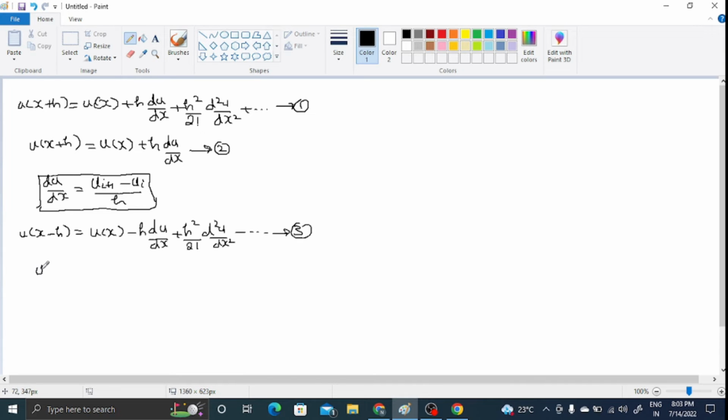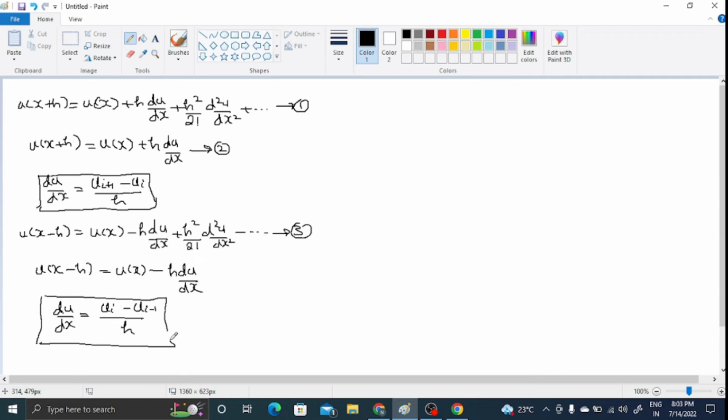So we have u of x minus h is equal to u of x minus h into du by dx. From this we can write du by dx is equal to ui minus ui minus 1 divided by h. So this is backward difference approximation.